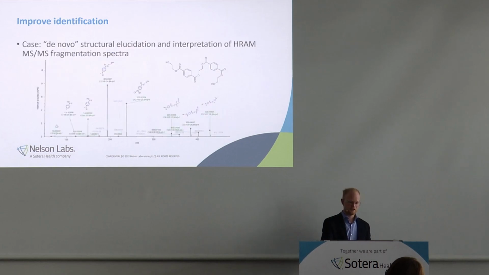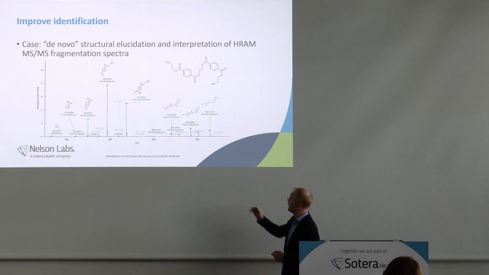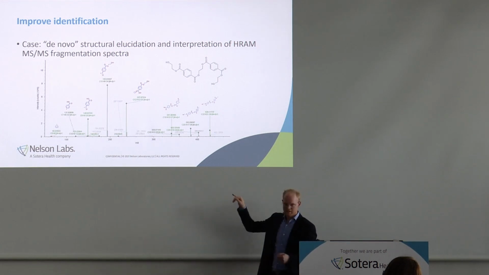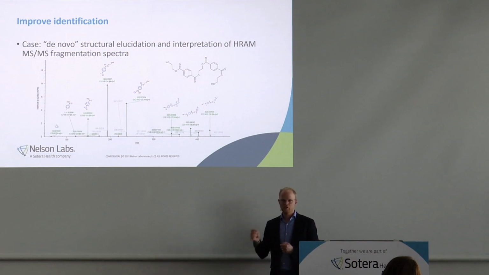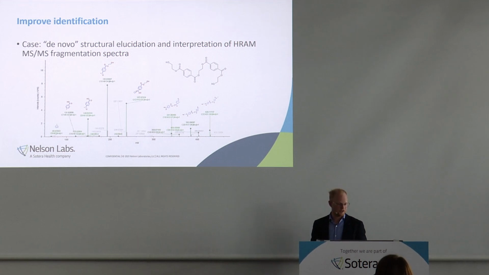And what you are basically doing is you're making a jigsaw puzzle. You all have fragments with very accurate masses. Based on that accurate mass, you can make an elemental formula like 2 carbons, 4 hydrogens, and an oxygen, for instance.